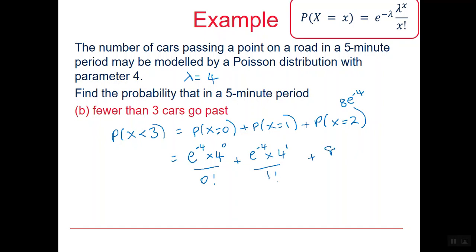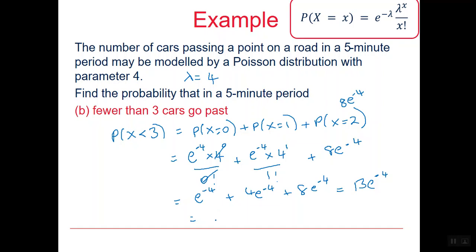And we already know that this is 8e to the minus 4. 0 factorial is just defined as 1. This is 1, this is 1, so we get e to the minus 4. We can cancel this down as well. This would just be 4e to the minus 4 and 8e to the minus 4. So altogether we have 13e to the minus 4.